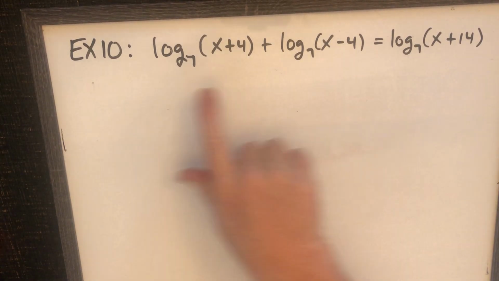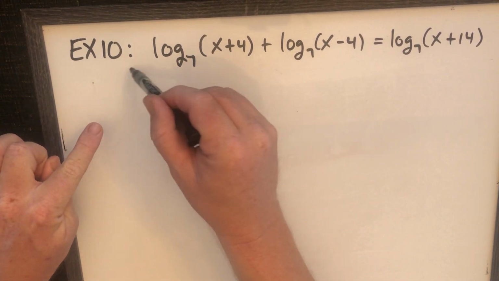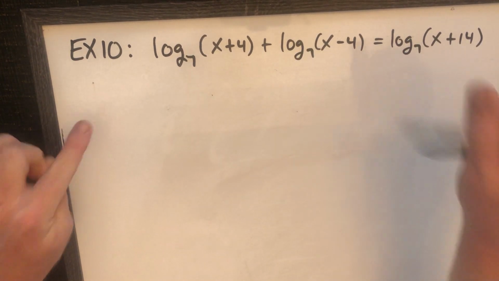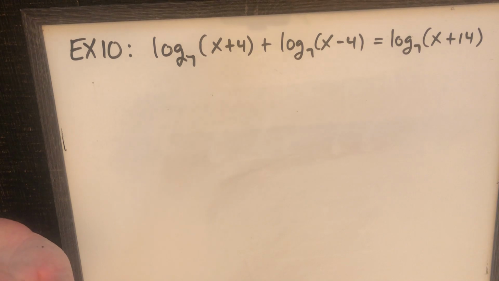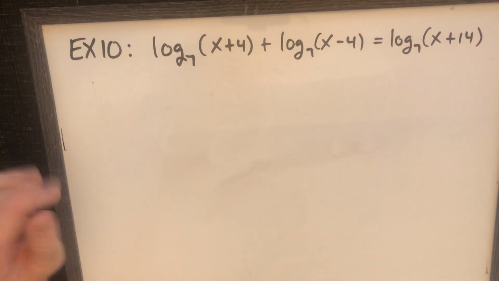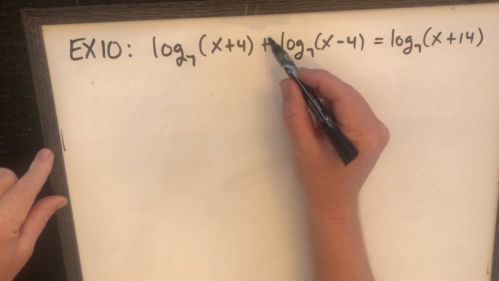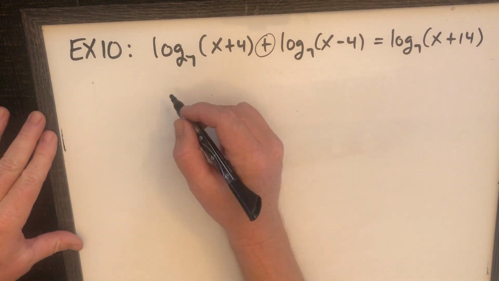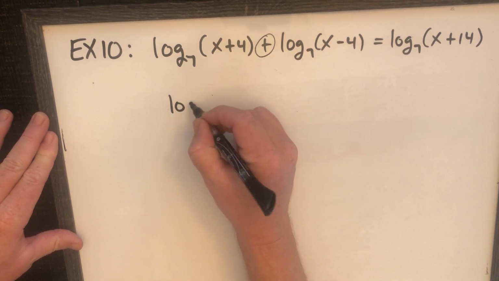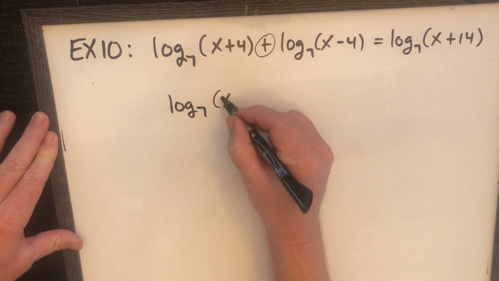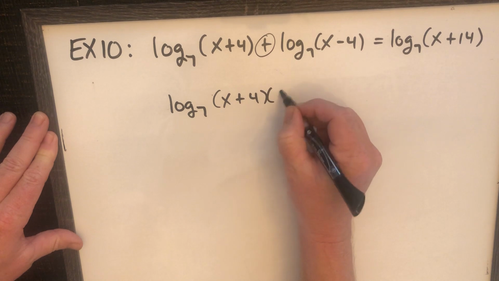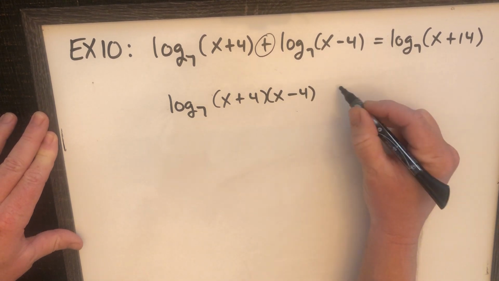Don't do that, because if you try to just put a big 7, a big 7, and a big 7 and just kill the logarithms right now and make it a simple problem, you will not get the correct answer. You got to first use some properties. There's always at least one property involved here. So this is back to the sum to product property. The sum of the logarithms is the product of the arguments.